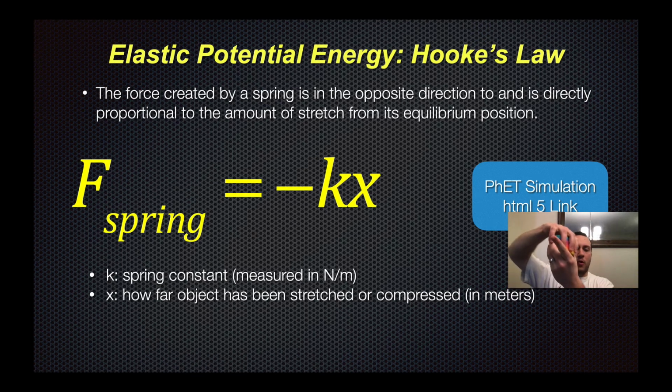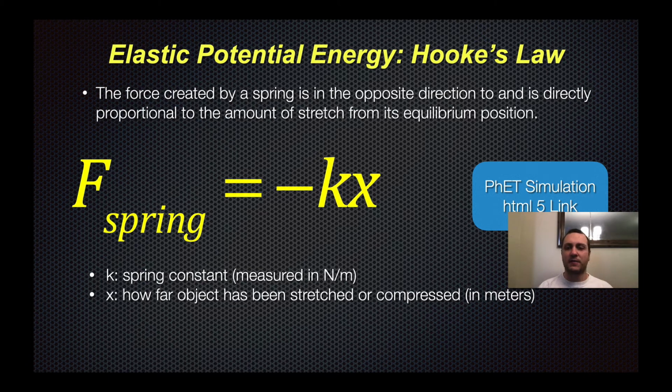If I orient the slinky vertically, right, and I let some of this stretch a little bit, well, if I pull down on the slinky, we would say that x is downward, so the amount of force from the spring would be upward, because as I let it go, it's going to rebound upward. So as we see here, the spring force is always in the opposite direction of that stretch or compression from its equilibrium position.